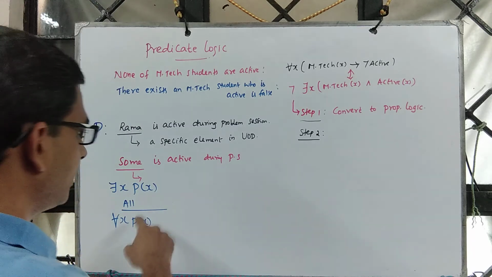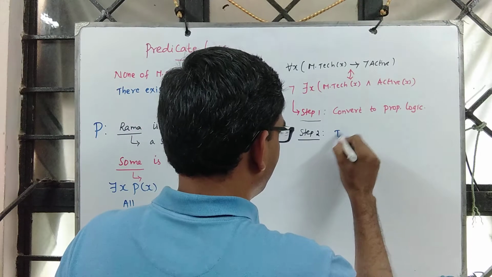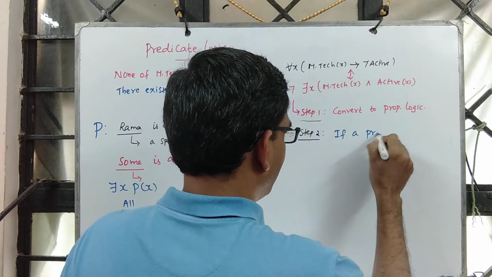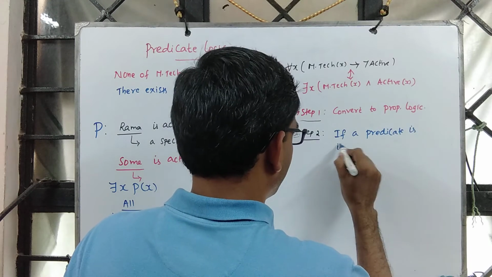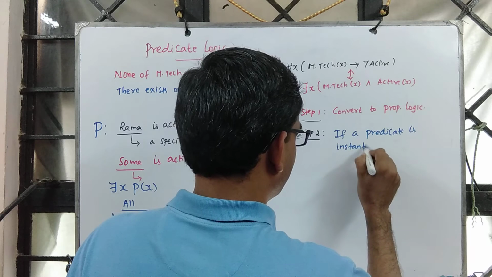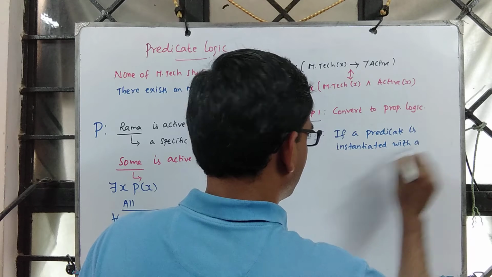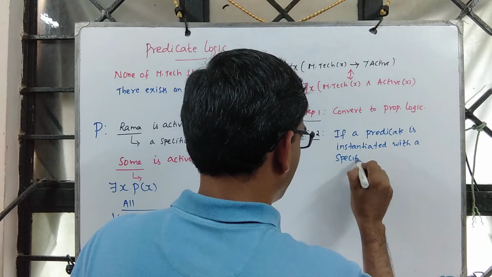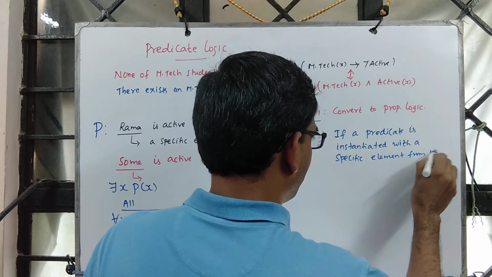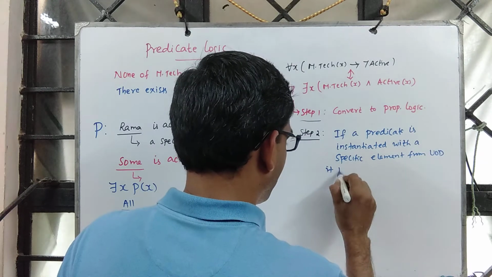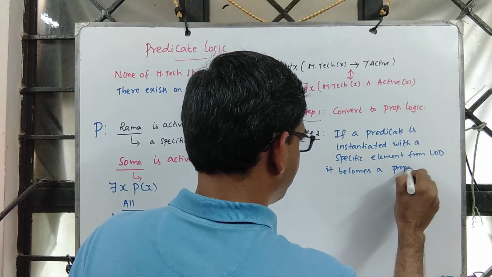So this is telling you something. What is that? If a predicate is instantiated with a specific element from UOD, it becomes a proposition.